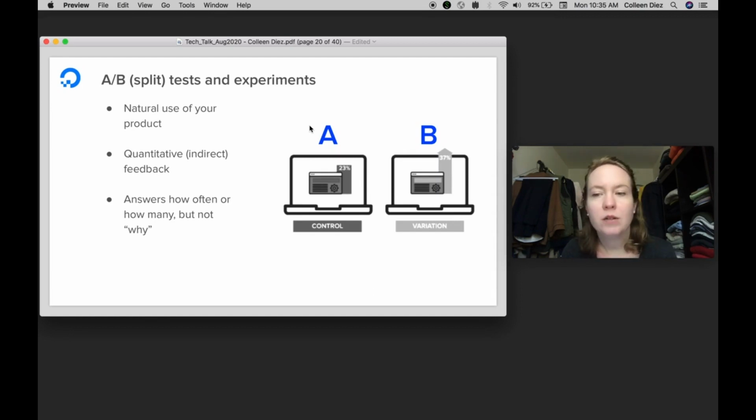A/B testing or multivariate testing is really great for answering how often or how many customers are doing a particular thing, but it doesn't give you much information about why. But I do think the example of combining this with different value props in a landing page test was pretty helpful for us.